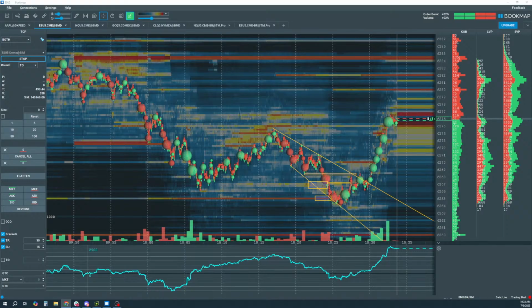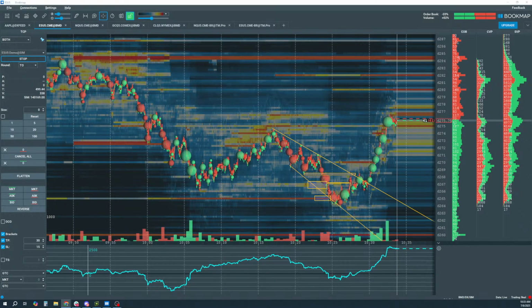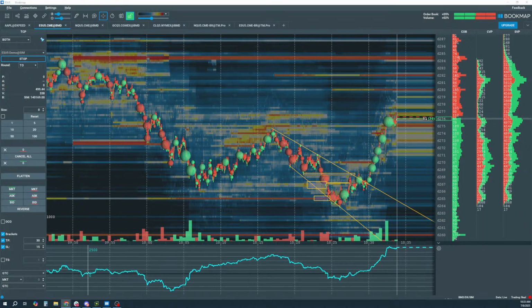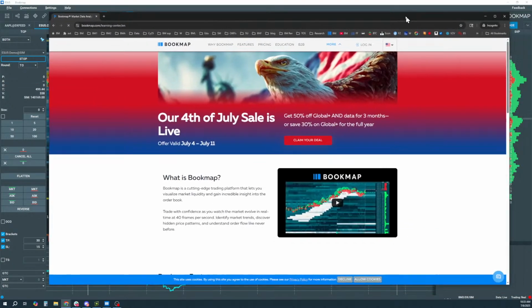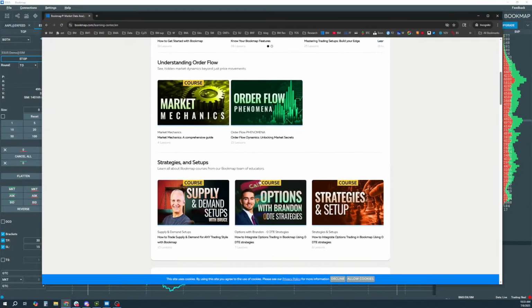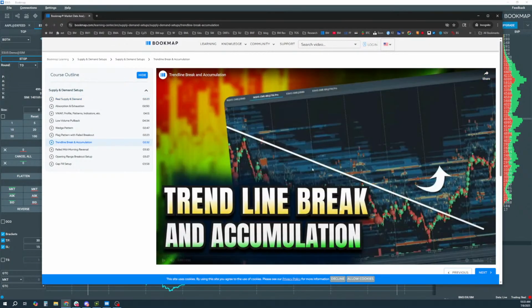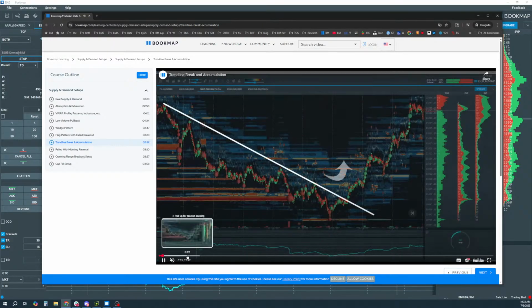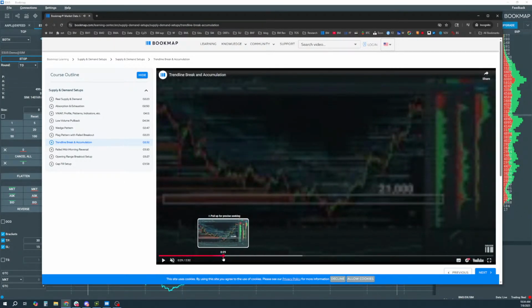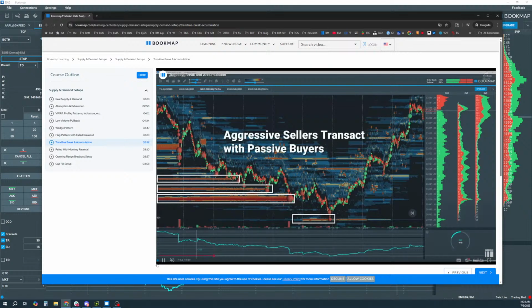Go back to that page here. Yeah, this one here. Okay, so again, breaking trend lines, understanding this passive accumulation here, and this is where Bookmap shines.